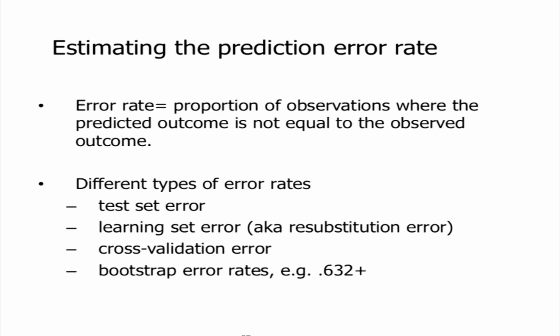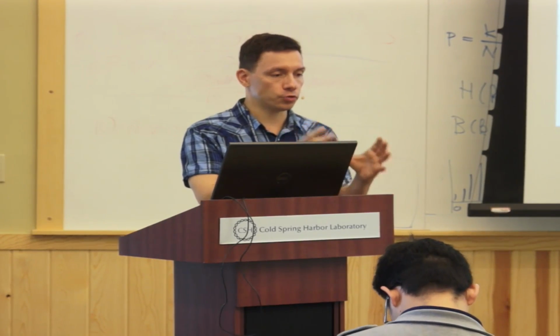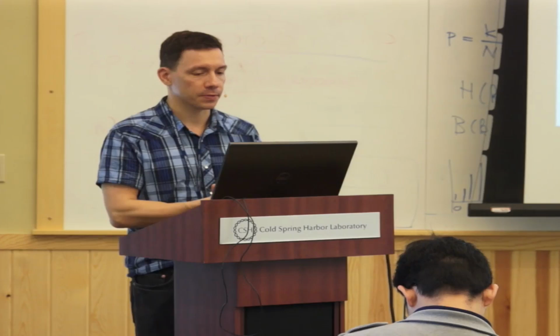The other error rate that people report is the learning set error rate, also known as resubstitution error. So what is that? Remember, you started out with a data set, the learning data, also known as training data, where these are the data you used for building or constructing the predictor.